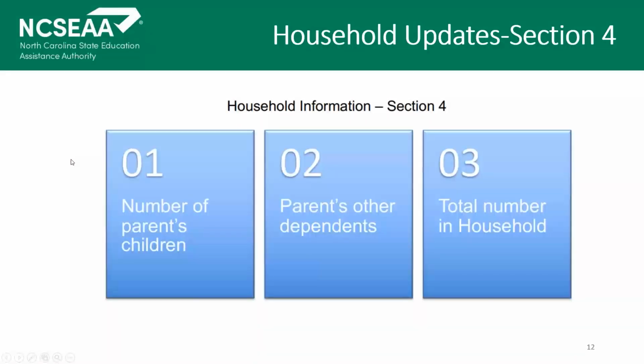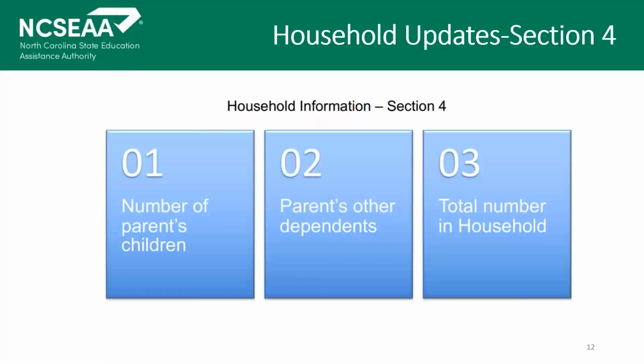The next slide here, again, that table format for a dependent student, it will look a little different. For a dependent student, it's first going to ask the number of parents' children, and then it's going to ask how many dependents your parents have other than children, and the student will enter the number, and then it will give the total number of dependents in the household. Now, keep in mind that it will also include parents in the total household size.